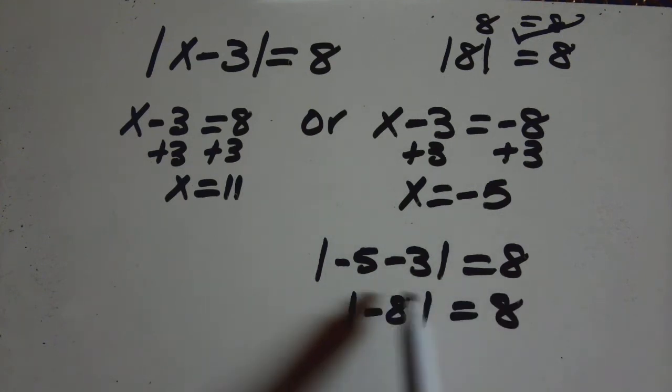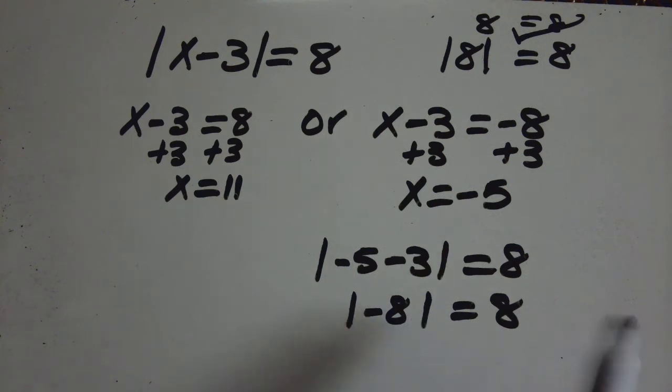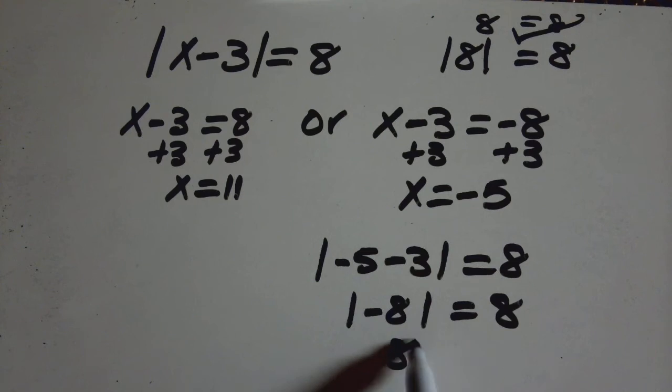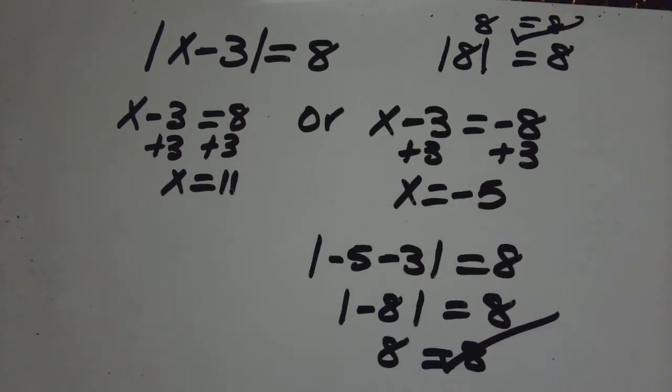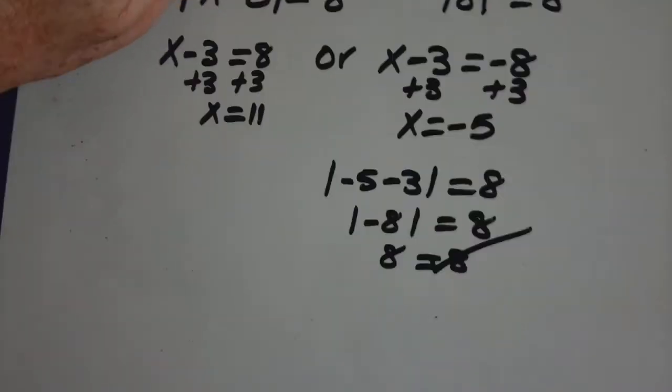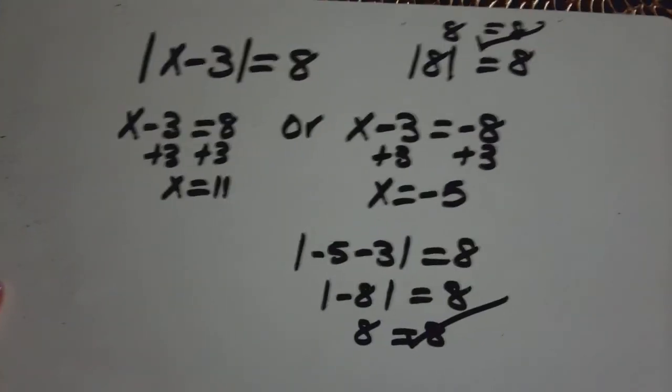Now what is the absolute value? It's distance. So it's never going to be a negative number, okay? So the absolute value of negative 8 is 8. So it is true. Both of these answers check. So whenever you see absolute value, think distance, because that's what it's talking about.